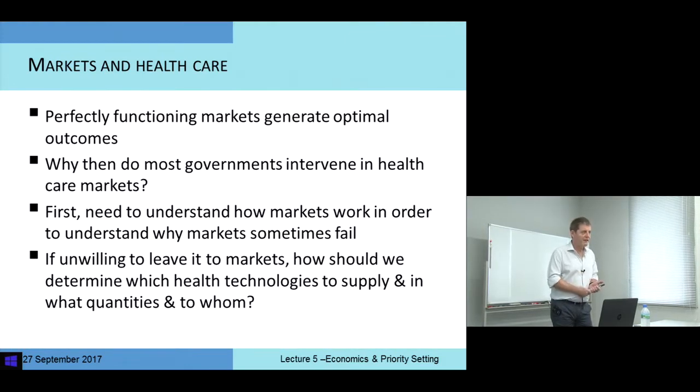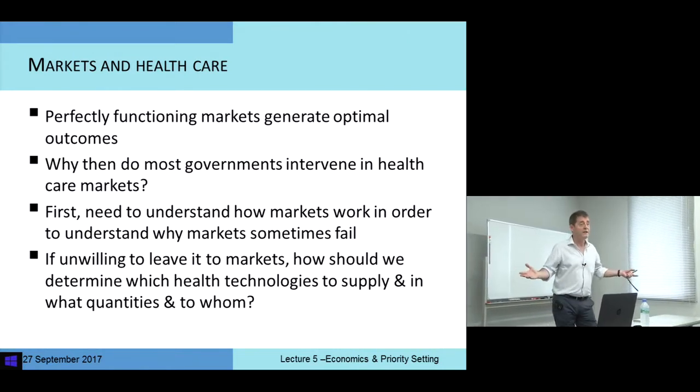Well, in order to understand this, we have to understand, first of all, why markets might fail. Why markets might fail to give us good outcomes. Because if we were pretty convinced the market would work and give us good outcomes, why bother intervening?